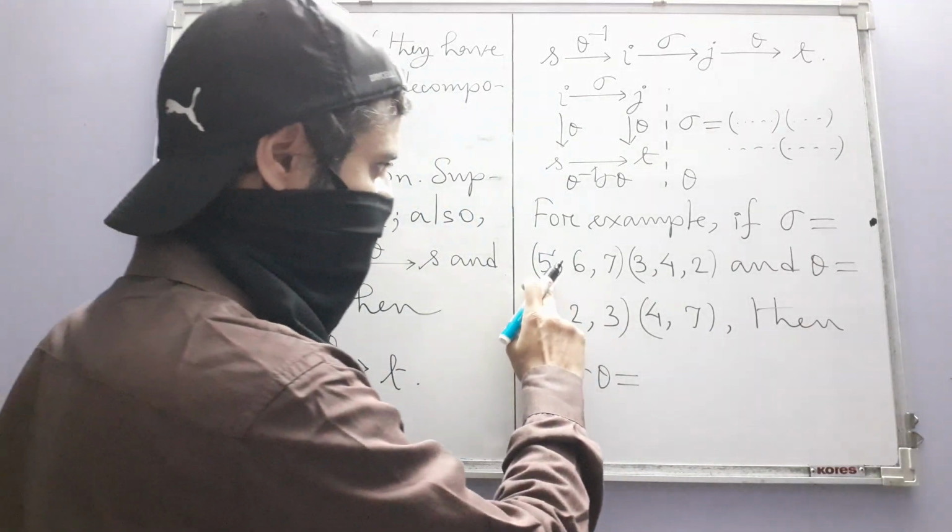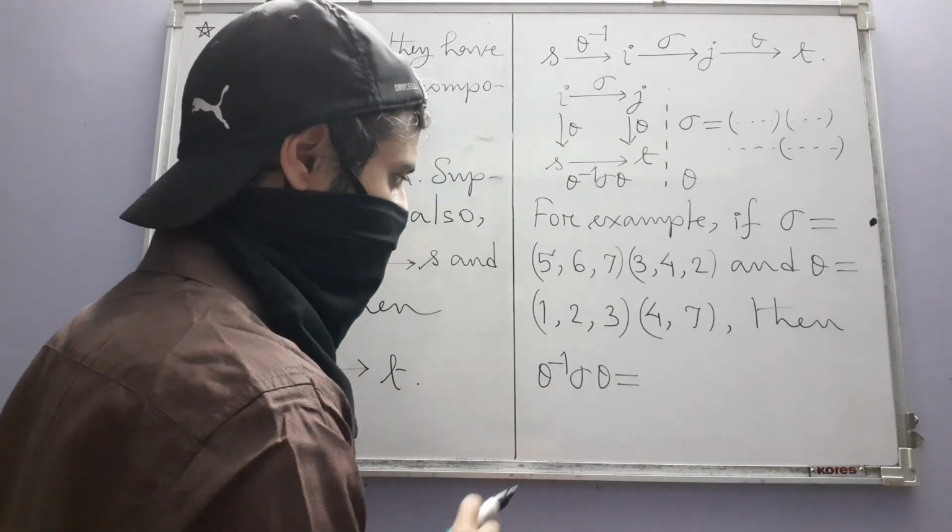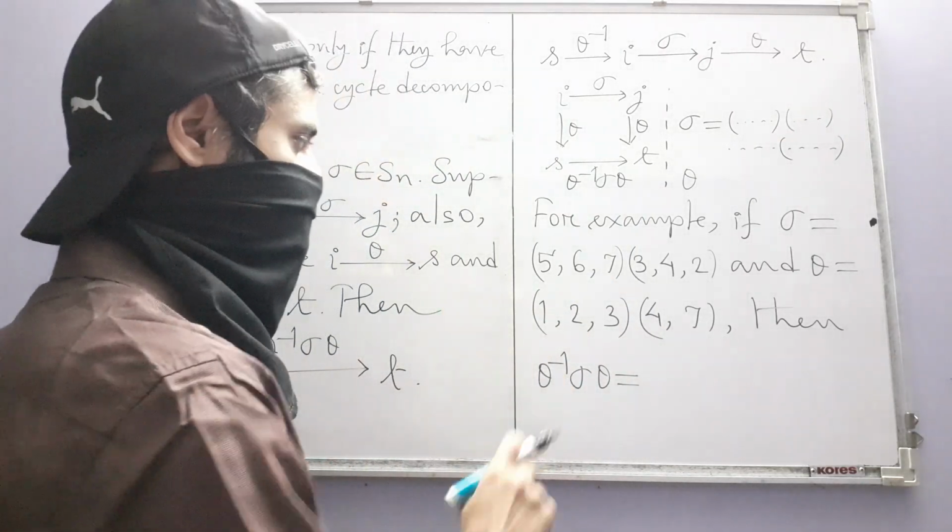So you look at these symbols that there are in the decomposition of sigma, and then you look at theta.